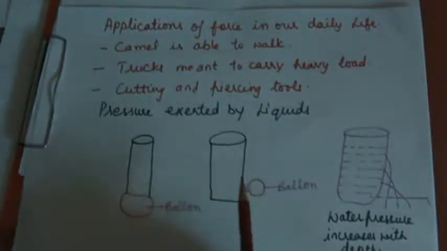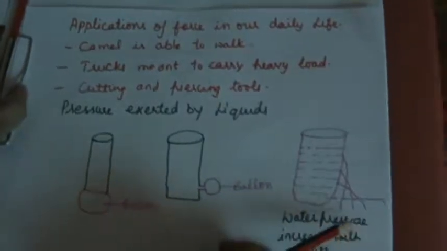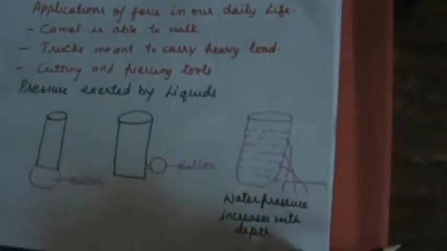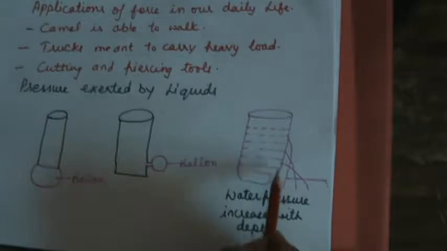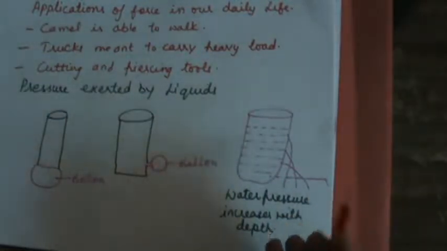And second is variation of liquid pressure with the depth. Students, here take a plastic container and make 4 holes, A, B, C and so on. Fill the container with water and let water keep flowing from these holes.